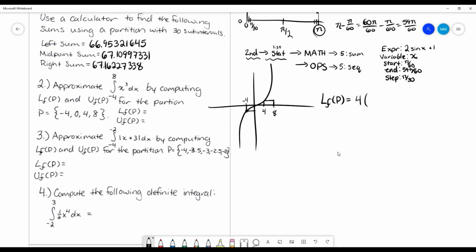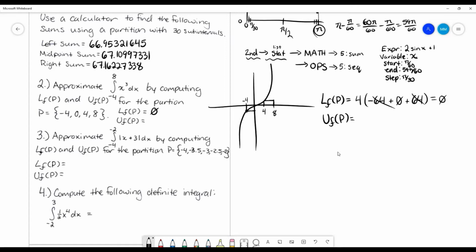So 4 cubed I know is 64, so it's going to be a negative 64. Then plus, we've got this one, which is just a height of 0, so it's 0, plus then this height, the height of 4, which is a positive 64. And these cancel out, so our lower sum actually equals 0. Interesting.